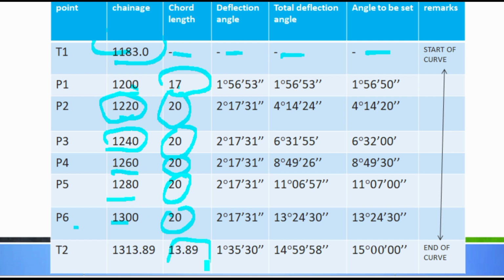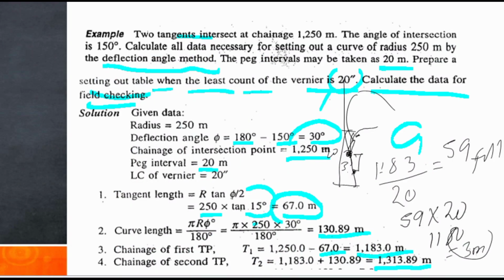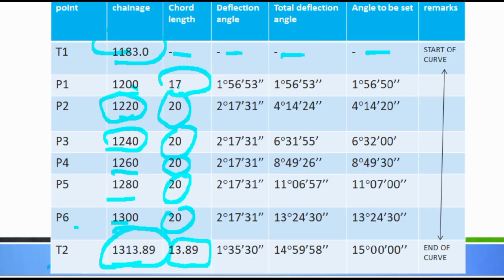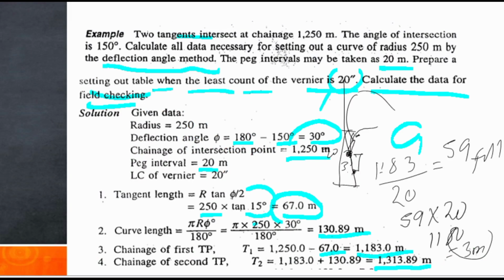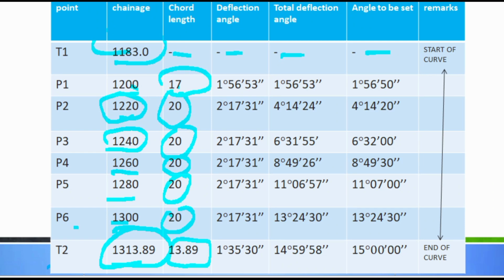Then on our last part, the last subchord is added to P6, and that proves that our T2 is right. This is the T2 that was found when we were calculating our answer there. So you remember to check that. It is the same answer as that.